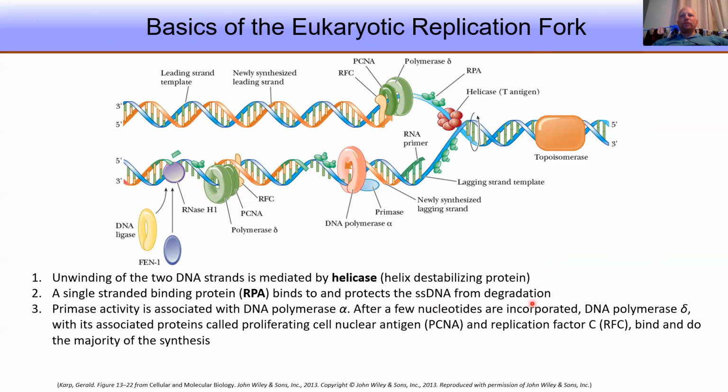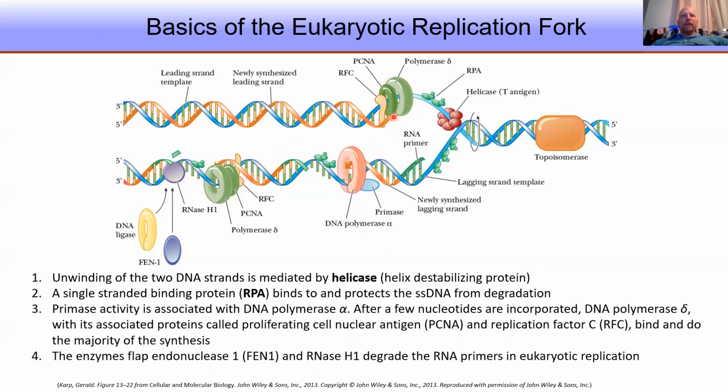Once we incorporate a few nucleotides, then we get the second DNA polymerase coming along, delta, and it's on both the leading strand and lagging strand. You can see it's associated with a couple of other proteins, PCNA, proliferating cell nuclear antigen, and also replication factor C or RFC. And they enable the polymerase to bind to the template and do its job.